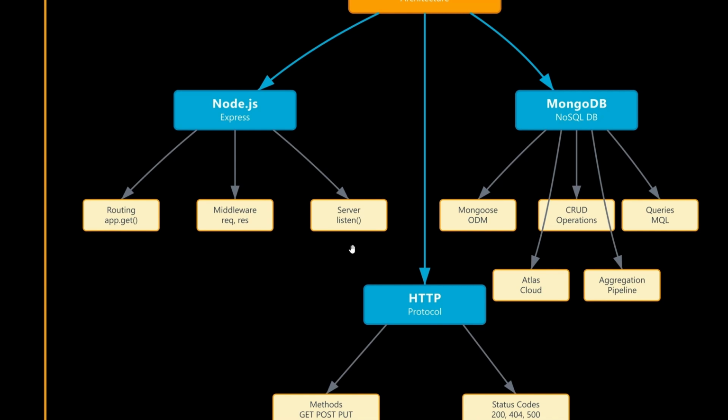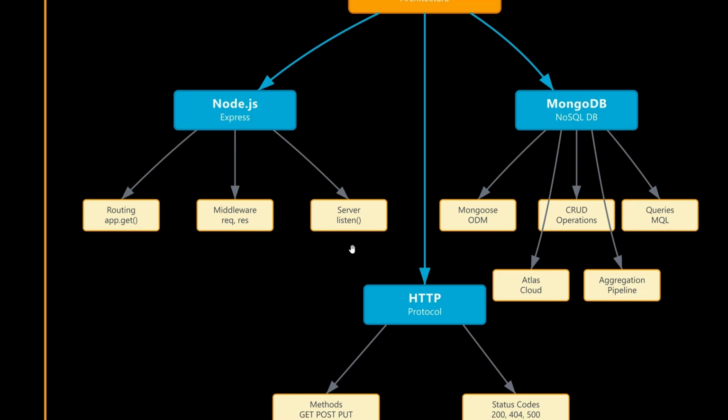Moving on to queries. Queries are done in something called MQL, the MongoDB query language. We can find documents based on criteria, like find all users with age greater than 18, or find products sorted by price. MongoDB's query language is very powerful and flexible.